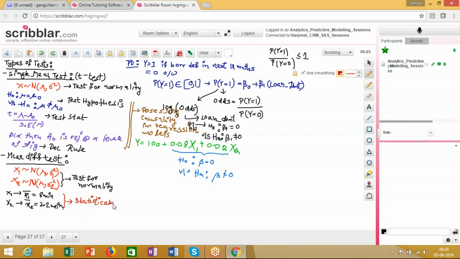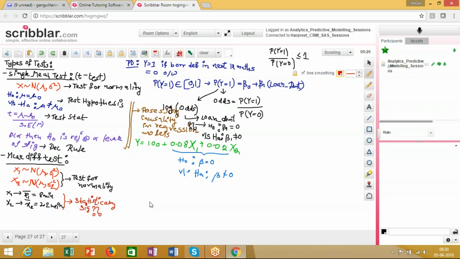This is what we need to understand, the statistical significance.